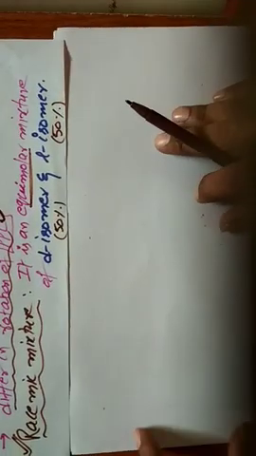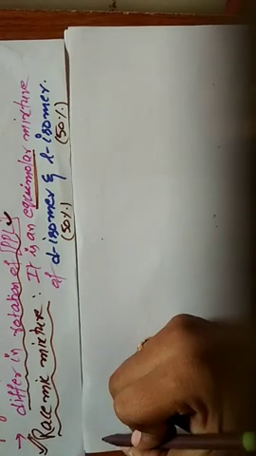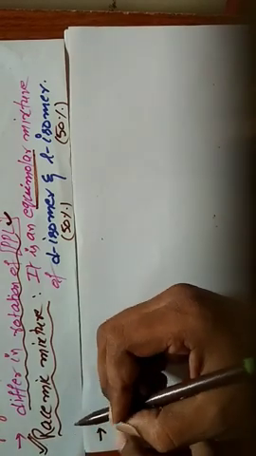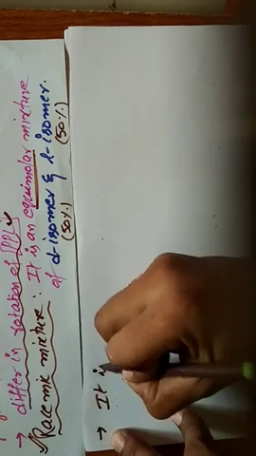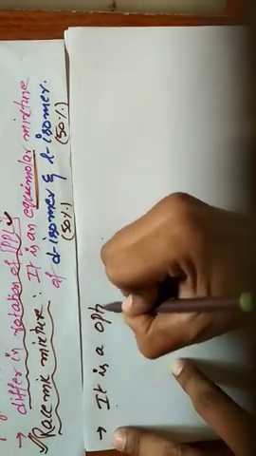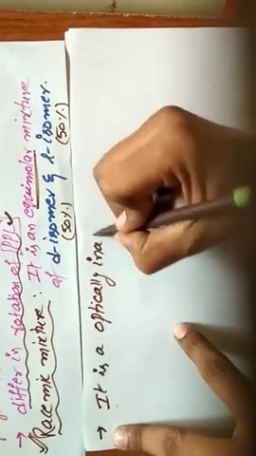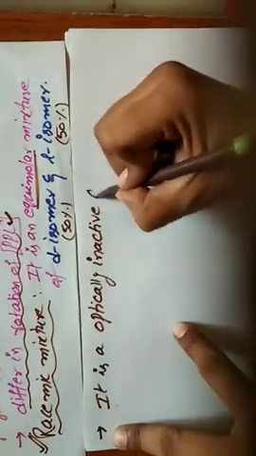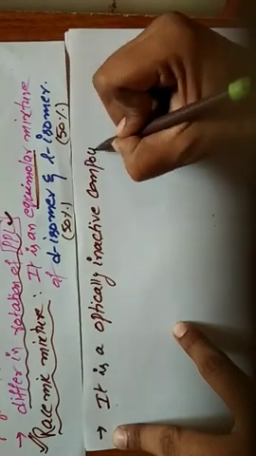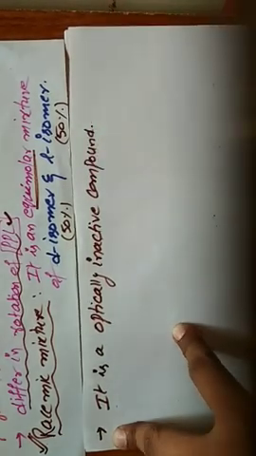So here is one important point: a racemic mixture is an optically inactive compound. What is the meaning of optically inactive?